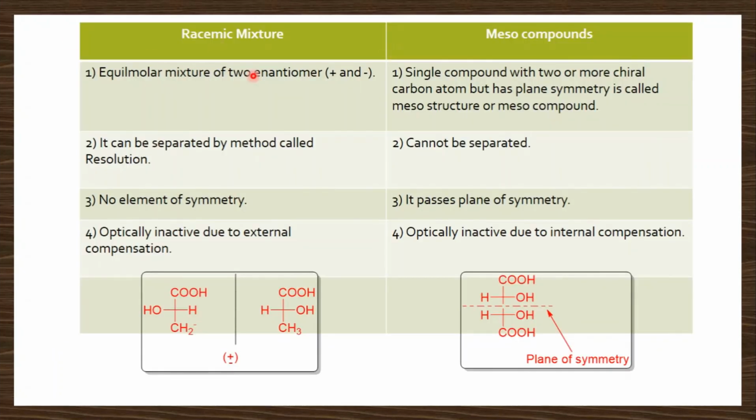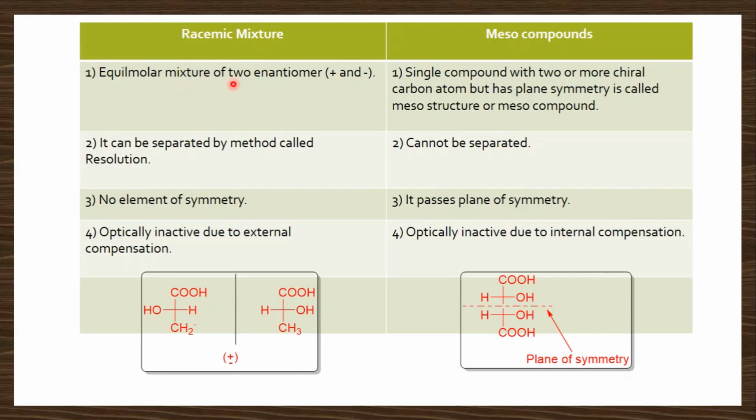Now the next point is the difference between your racemic mixture and meso compound. A racemic mixture is an equimolar mixture of two enantiomers, that is plus and minus.